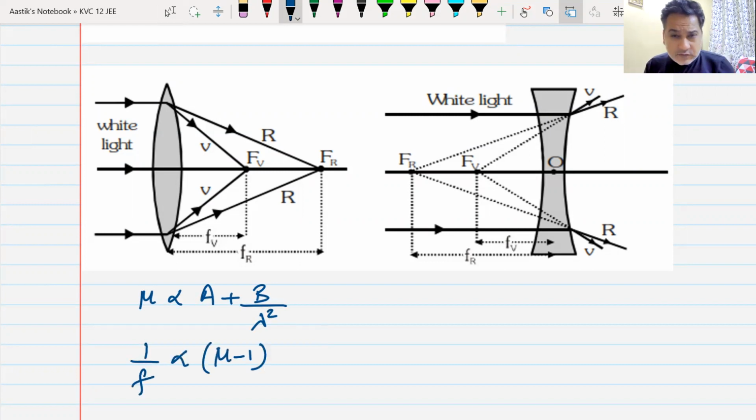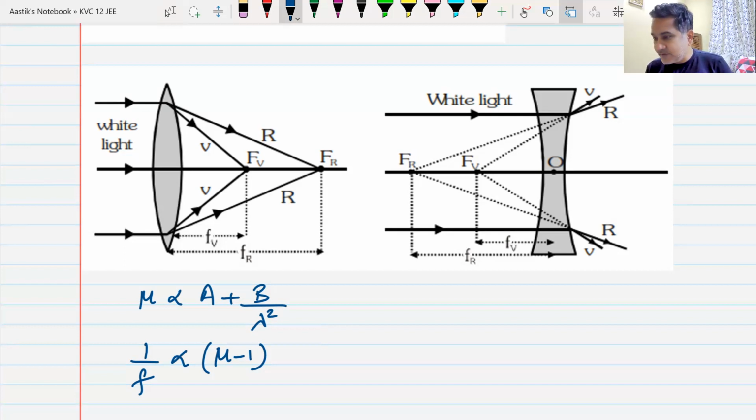So if I have white light falling on a lens, as it was falling on a prism where we had dispersion, it consists of different wavelengths. The wavelength of red is more than the wavelength of violet. Yes or no? But wavelength is inversely proportional to mu, and focal length is also inversely proportional to mu.